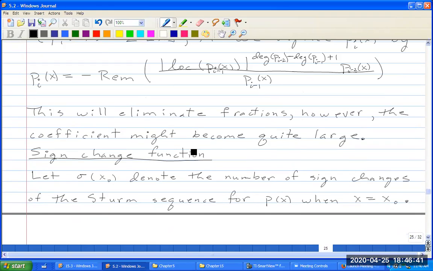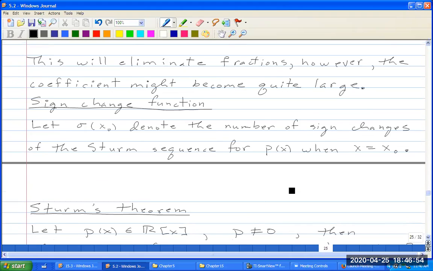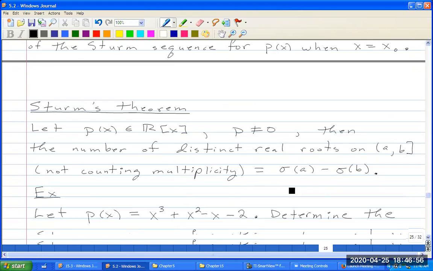The sign change function. Let sigma of x sub 0 denote the number of sign changes of the Sturm sequence for p of x when x is equal to x sub 0. Now Sturm's theorem. Let p of x be a polynomial with real coefficients, and suppose p is not equal to 0.